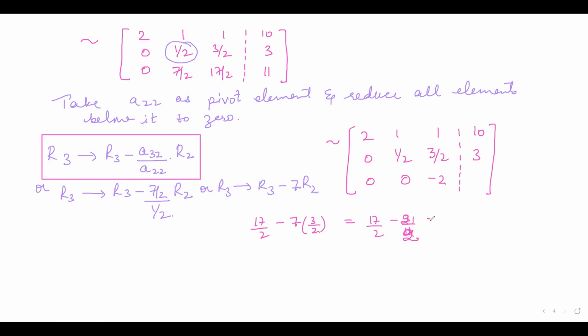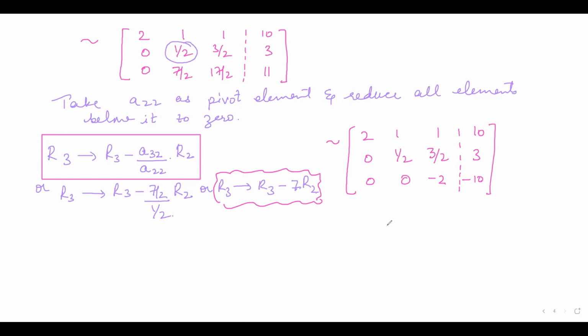So this would be minus 4 upon 2, that's minus 2. Now the next one I have is 11 minus 7 times 3. So that's 11 minus 21, which comes out to be minus 10. So this is what I'll be getting for the elements. Please check with the final one. This is important, so do refer to this one.